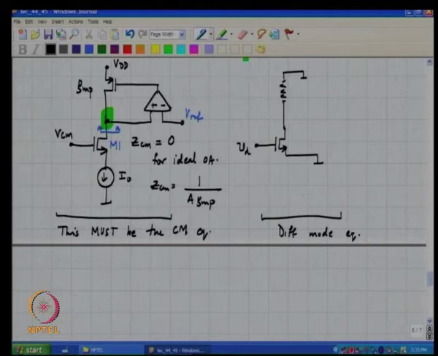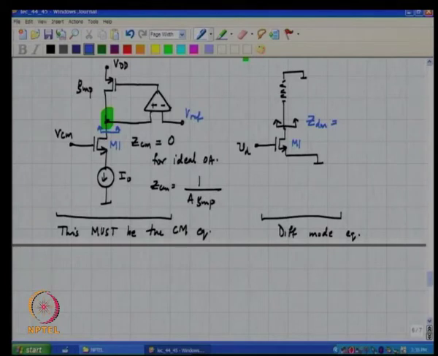On the other hand, let us observe what the impedance is looking in here. What is the differential mode impedance?